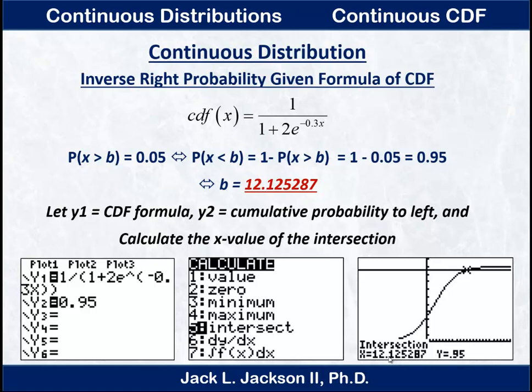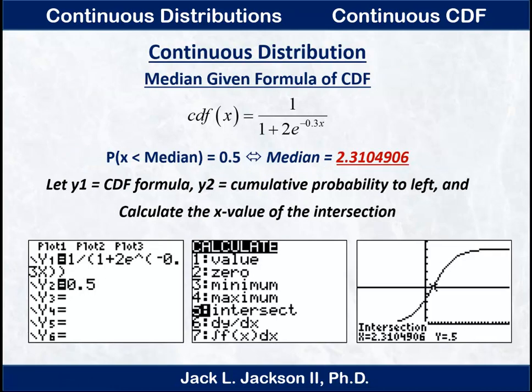Okay, so the next problem is we want to find the median. What do you know about the median? Well, you know the median has a cumulative probability of 0.5. So we know the probability to the left of the median is 0.5, so it's the same kind of problem. It's an inverse probability problem. You let y2 be 0.5, see where that horizontal line crosses our CDF graph by doing a calc intersect.